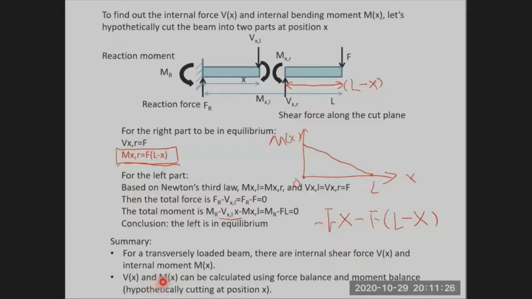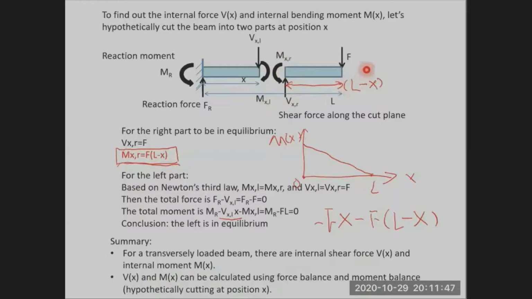And Vx and Mx can be calculated using force balance and moment balance by hypothetically cutting at position x. We just hypothetically cut the beam at the position x.